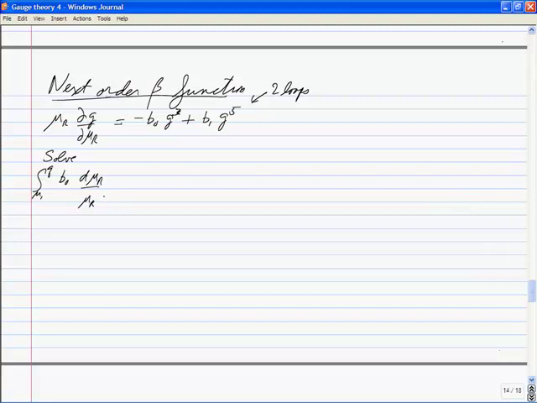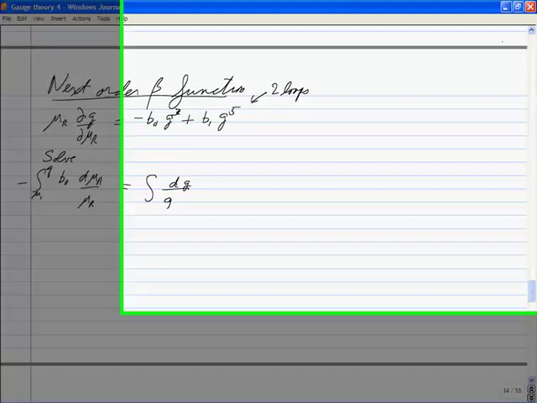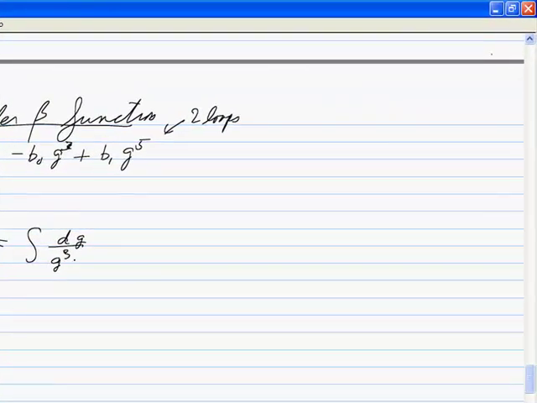That's one side. I'll pull the minus sign there. Is the integral dg over g cubed plus b1 over b0 g to the fifth. Okay, so I have to do that integral.